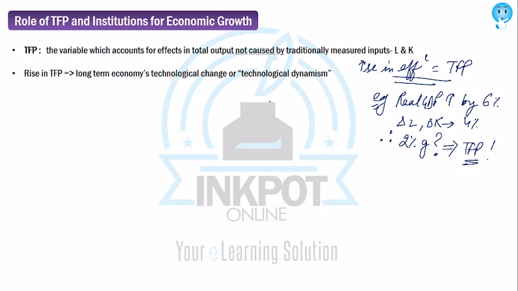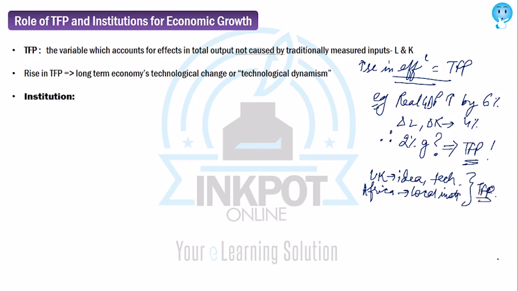Like in UK's case it was about ideas and technology, which led to high economic growth. But Africa was about local institutions, both within TFP.